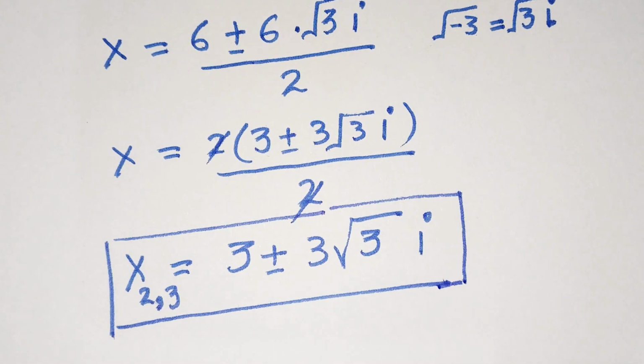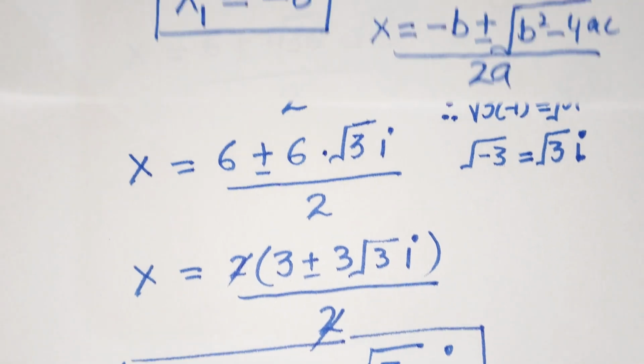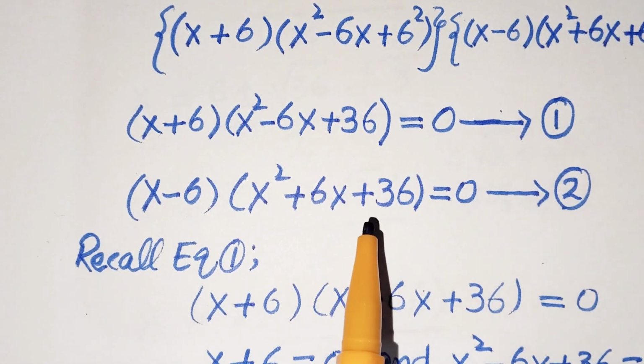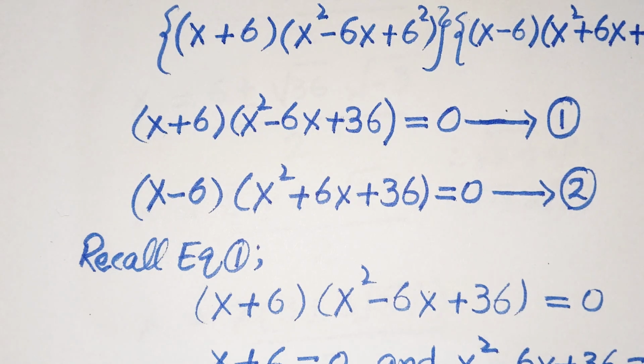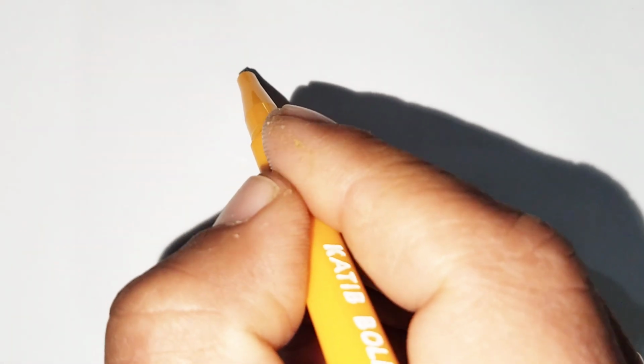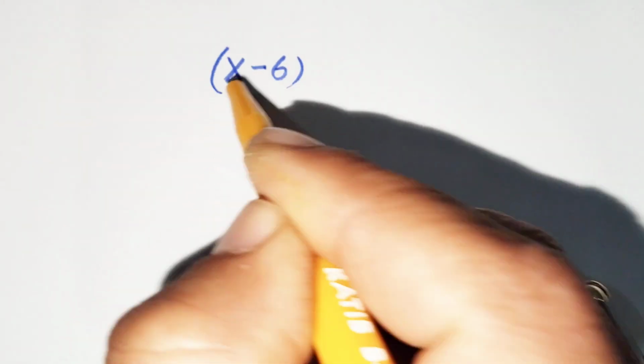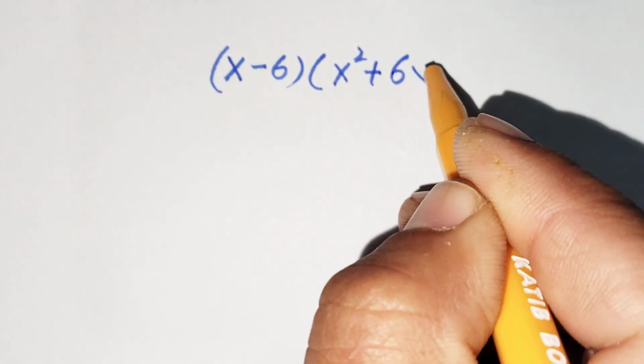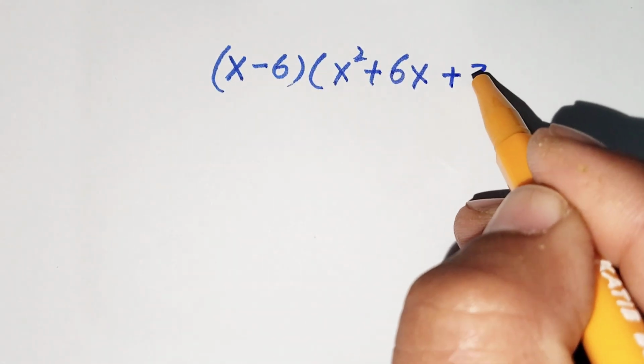So now we are going to find out the value of x from equation number 2. So writing equation number 2 and starting to solve it. Here our equation number 2 is x minus 6 times x square plus 6x plus 36.